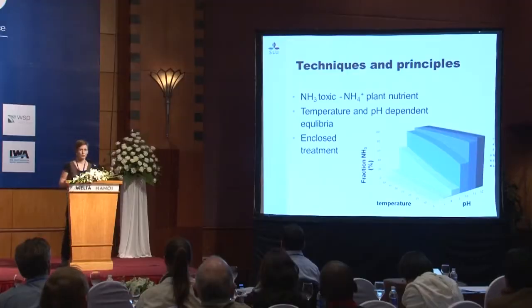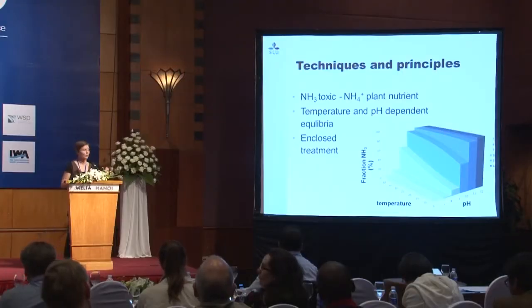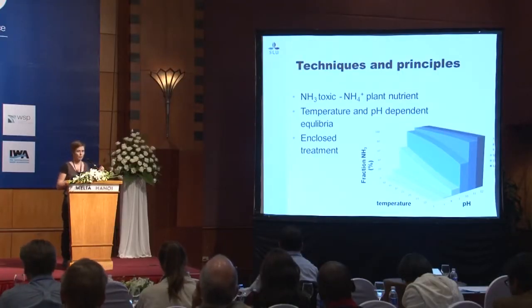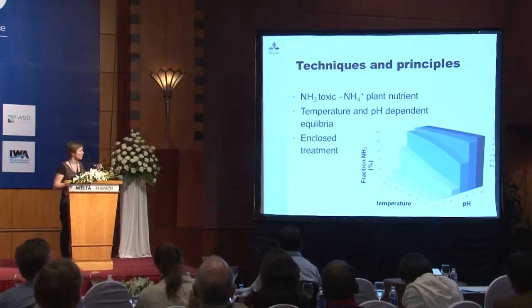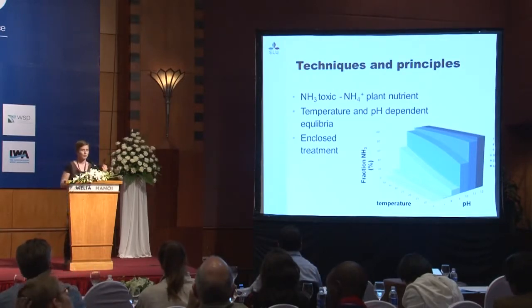So that gives a way to mix it in without being exposed to ammonia gas. Some techniques and principles: it is the ammonia in the uncharged form that is toxic to the pathogens, whereas the ammonium ion can be taken up as a plant nutrient. So we want to have as much of the ammonia in the toxic form, and that equilibrium is pH and temperature dependent.